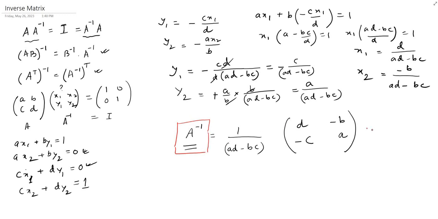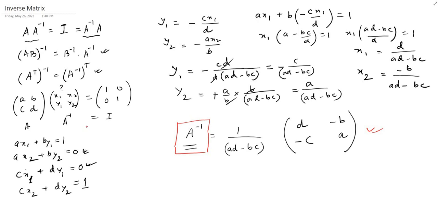Is this clear up to here? This is very important, how we are finding the inverse of a 2 by 2 matrix. Later I will show you how you can do it in general for any n-dimensional matrix.